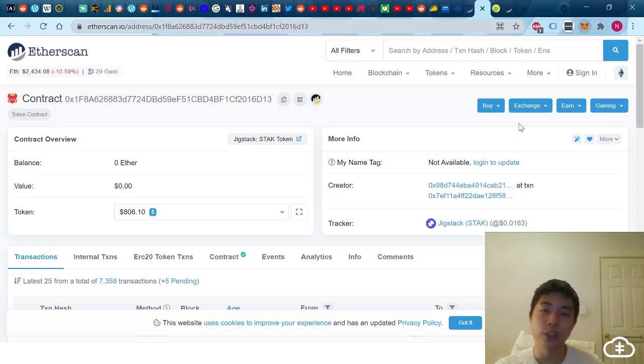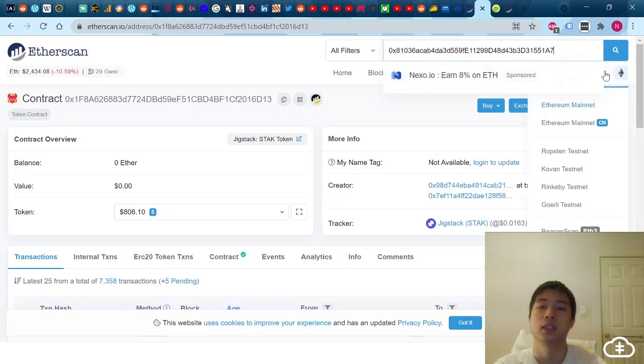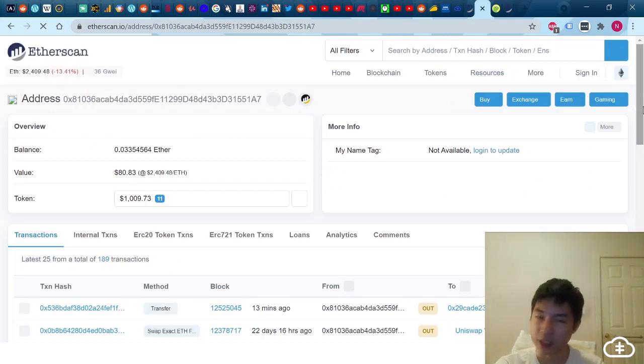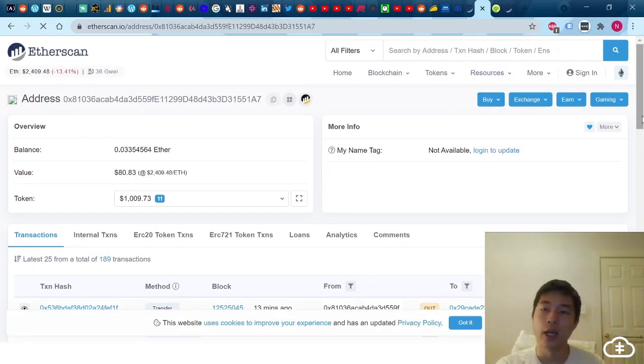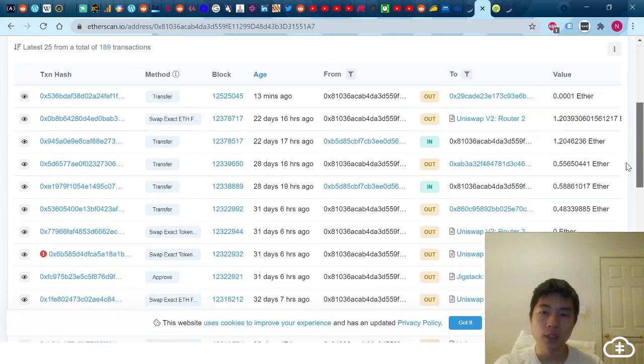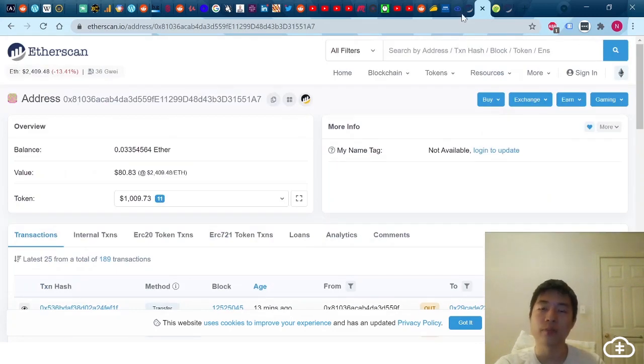How to know who owns what in crypto, and how to find out where they got their crypto from, how they're spending it, and generally what's going on with their wallet. So that's the first thing I think is important.